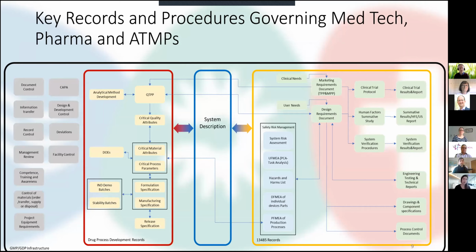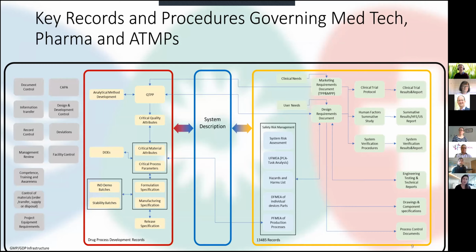I don't expect you to read this. We've actually got SOPs. As you actually define your projects, that list will expand. And then in the red box, you've got the pharmaceutical aspects or the advanced medicinal therapy products.